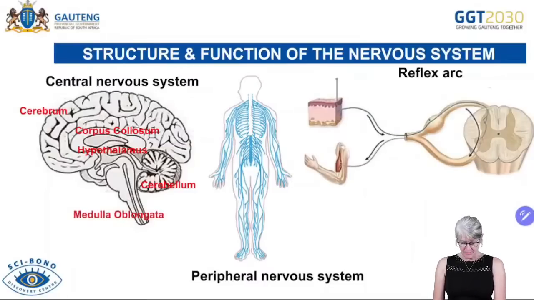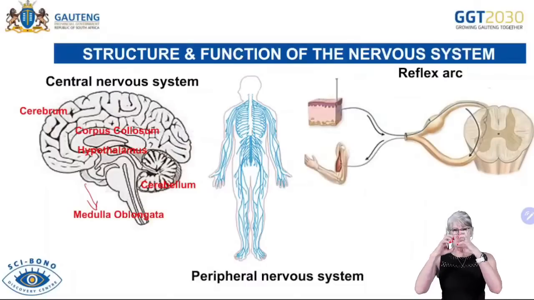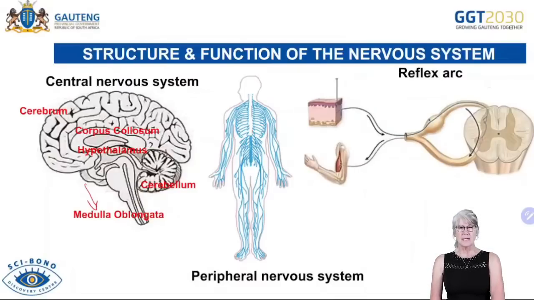And then we have this part that goes down from the hemispheres of the cerebrum and the cerebellum, and the lower part is known as the medulla oblongata, and the medulla oblongata basically joins the brain to the spinal cord.